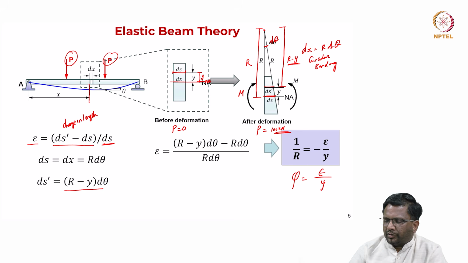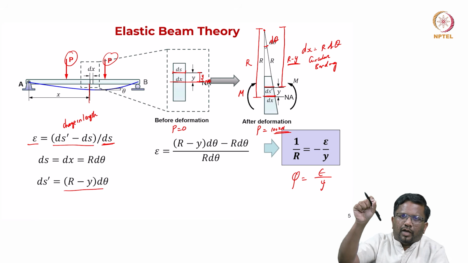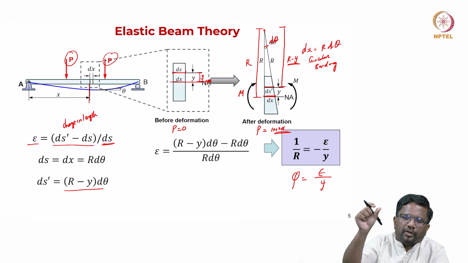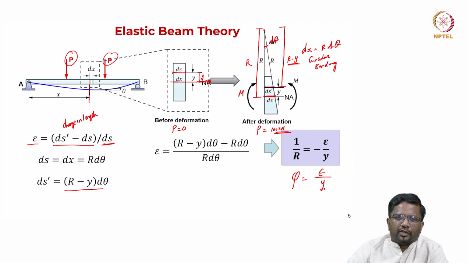Okay. So, this is again the strain, we are measuring it at a fiber at a distance y from the neutral axis, right. So, we can say that the curvature can be defined as the strain in the fiber divided by the distance of the fiber from the neutral axis.